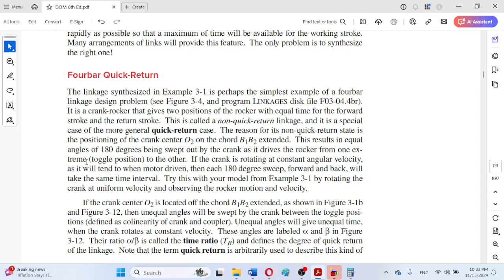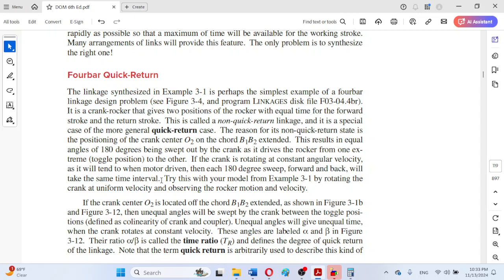So this results in equal angles of 180 degrees being swept out by the crank as it drives the rocker from one extreme or toggle position to the other. If the crank is rotating at constant angular velocity, as it will tend to when motor driven, then each 180 degree sweep forward and back will take the same time interval.